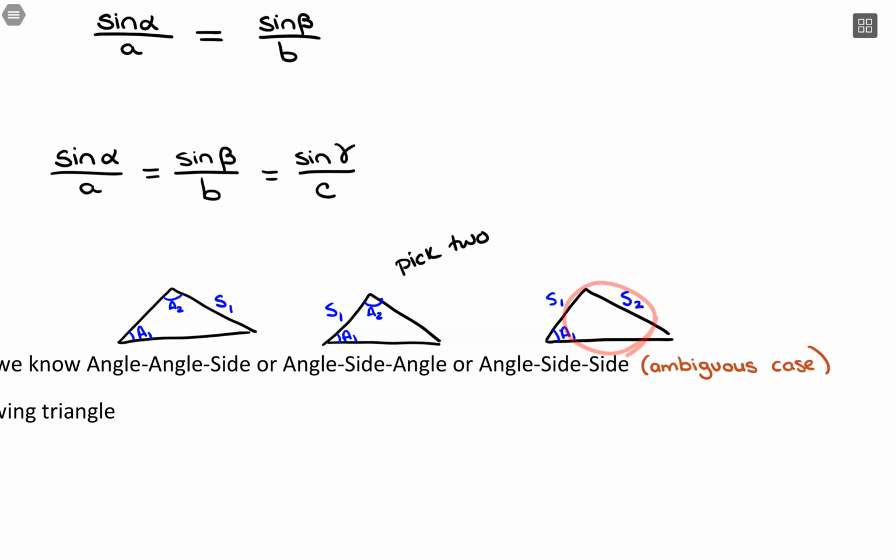There can be multiple solutions, or one solution, or no solutions for this case when we're just told about an angle measurement and the two sides next to it. So we need to be careful with this one, and we'll go into more detail with that. We're going to jump in with some examples with angle, angle, side, and angle, side, angle.